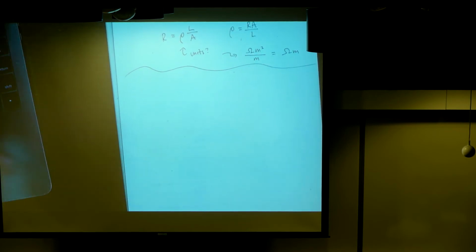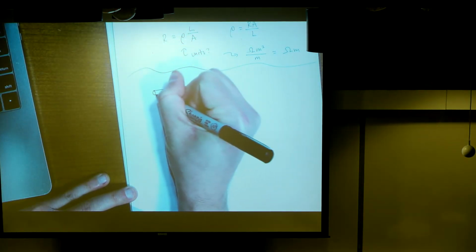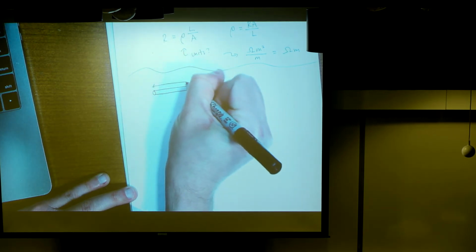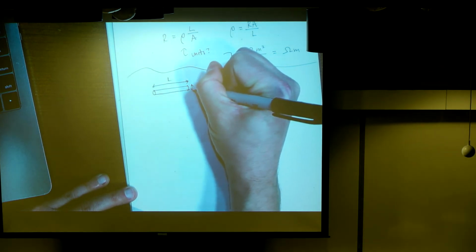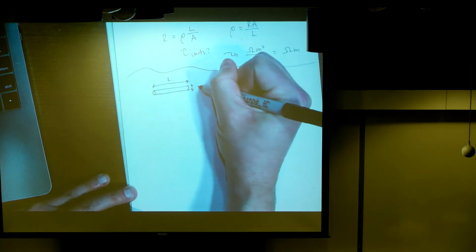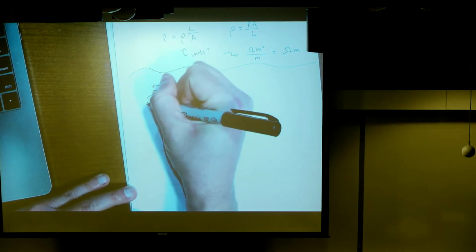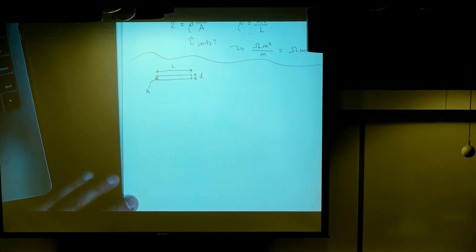Almost every single wire you're ever going to encounter has a cylindrical shape, where it may be very long compared to its diameter. But let's just be clear, the diameter is the end-to-end distance here, okay? And the cross-sectional area would be the area of that circular end cap right there.